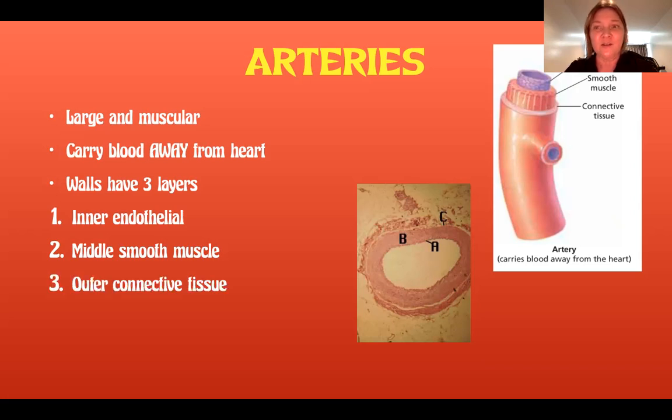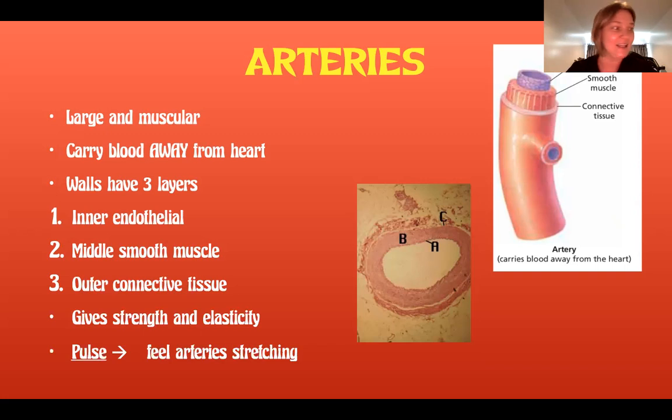And then the third layer is the outer connective tissue. These three layers give arteries strength, but they're highly, highly elastic. They're highly elastic because they are carrying blood away from the heart, which means they are under the most pressure.